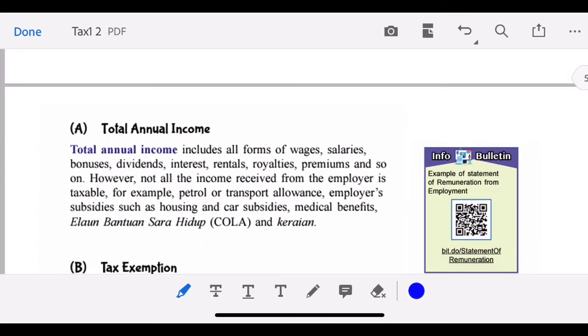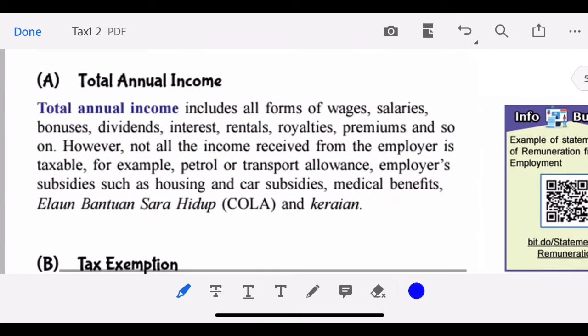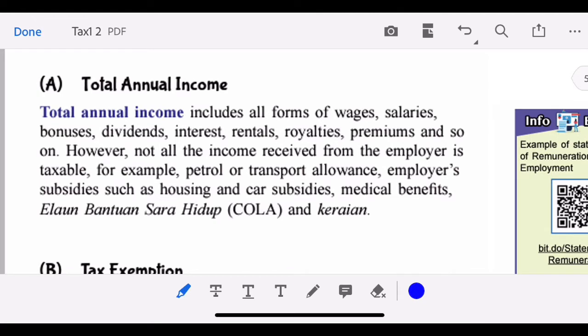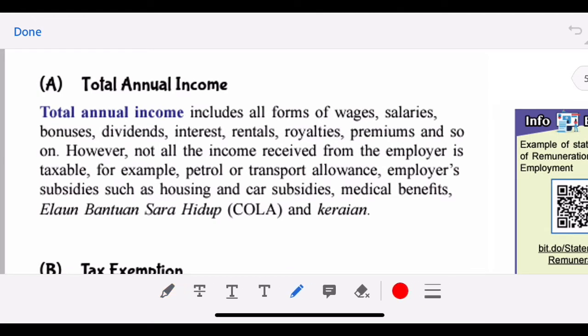So let's have a look at total annual income. The total annual income includes all forms of wages, salaries, bonuses, dividends, interest, rentals, royalties, premiums, and so on. However, not all the income received from the employer is taxable.